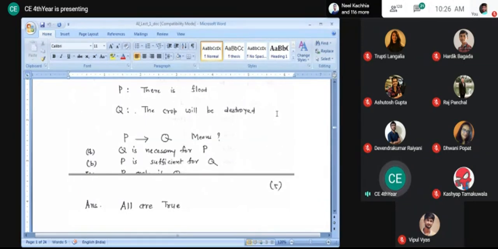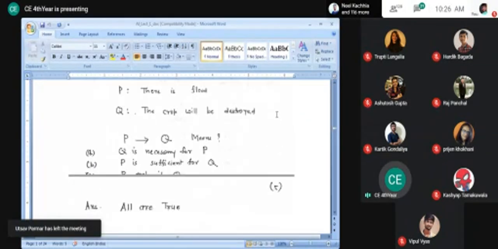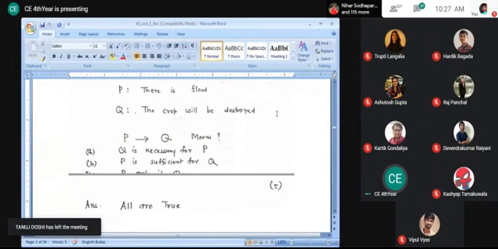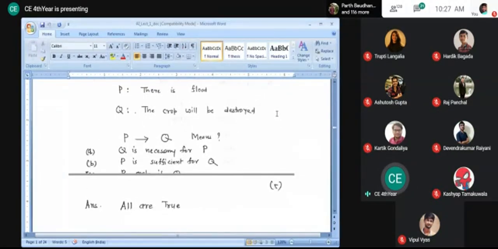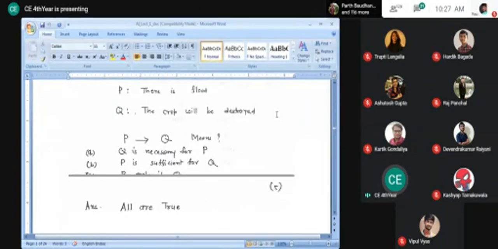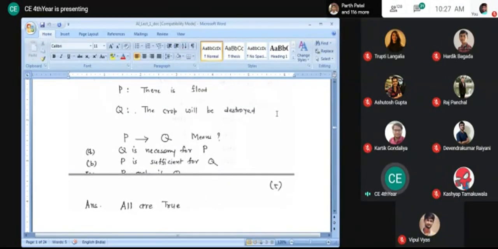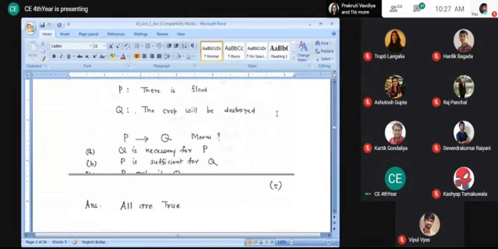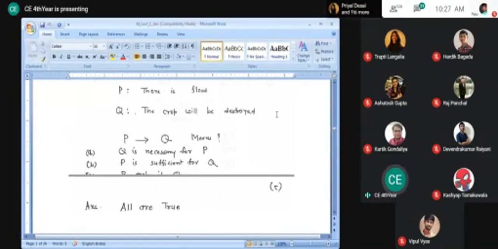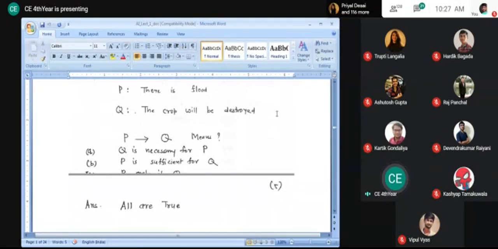There is flood can be represented as proposition P, and the second part, the crop will be destroyed, as proposition Q. This becomes simple: P implies Q. The condition is if there is flood, so after if, there is always a condition. There is flood is represented by proposition P, and the conclusion, the crop will be destroyed, is represented as proposition Q. So it is P implies Q, or if P then Q. That is the meaning.